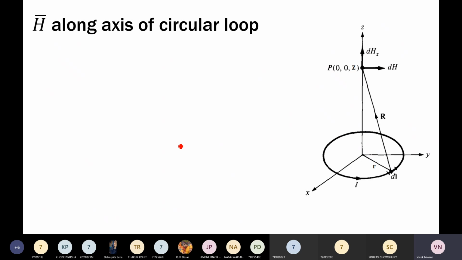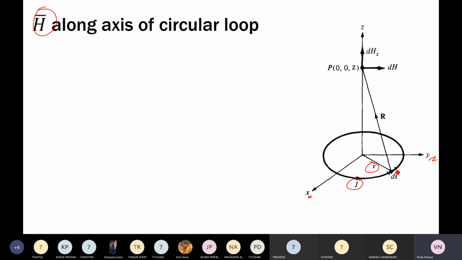Next, we have the magnetic field intensity H bar along the axis of a circular loop. Once again, we have some assumptions. Consider a circular loop carrying a certain amount of current I, placed on the xy plane, having radius r.